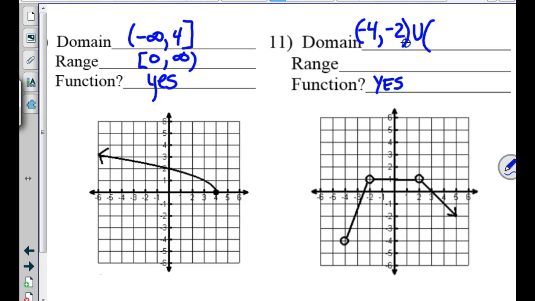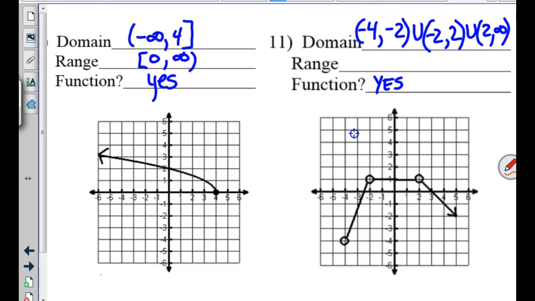It means up to -2, but not including -2. And then starting on the other side of -2, but not including -2, it goes to where? To 2, same thing, and then 2 to infinity. Ugh. Okay? Icky.